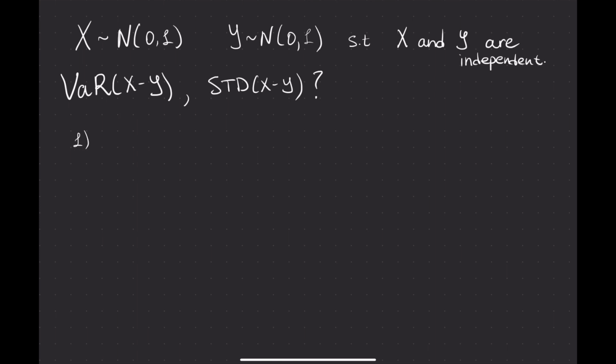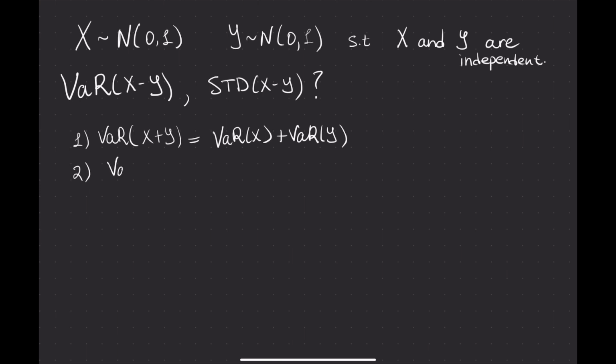we know the formula for the variance of the summation of two independent random variables. And we know that the variance of the sum of random variables is the same as the sum of the variances of two independent random variables. Okay, but to move forward, we need the second property of the variance.